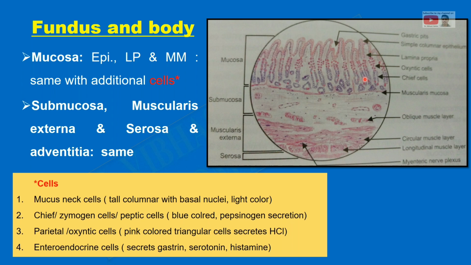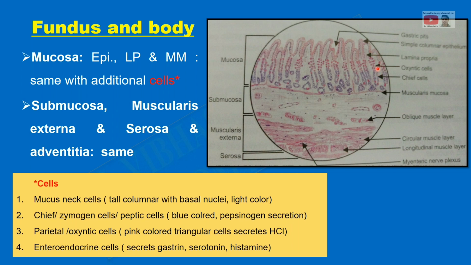Then the chief zymogen cells, also known as peptic cells. You can see here these peptic cells are blue colored, and they secrete pepsinogen. Here these are the chief or zymogen cells.